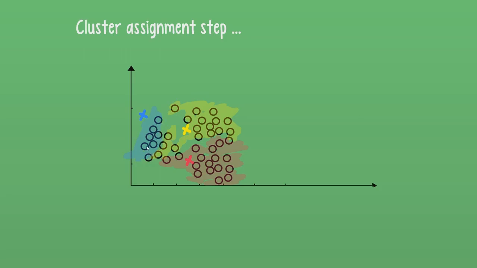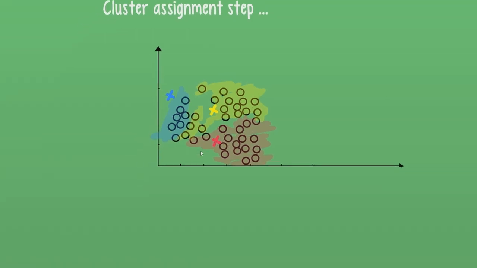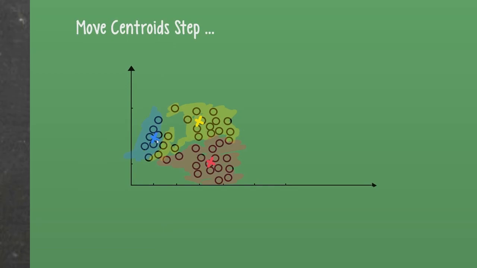For example, 1, 2, 3, 4, 5, 6, 7. 7 data points. We divide by 7. We have the average. By the mean, we mean the average. We have the average almost here. So this centroid, we move it here, and then we calculate the average of this cluster. It's gonna be almost here. So we move it here, and then for this red one, the average is gonna be almost here. So we move it here. The result is gonna be like this.